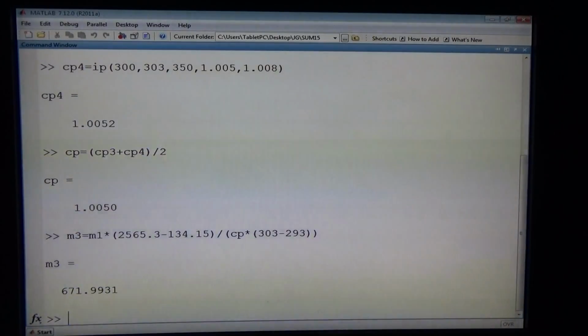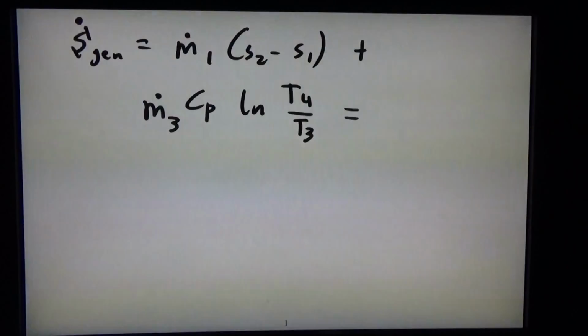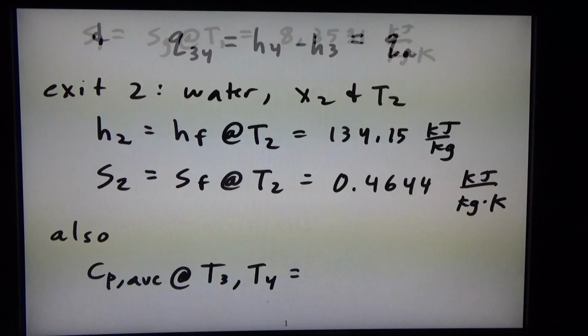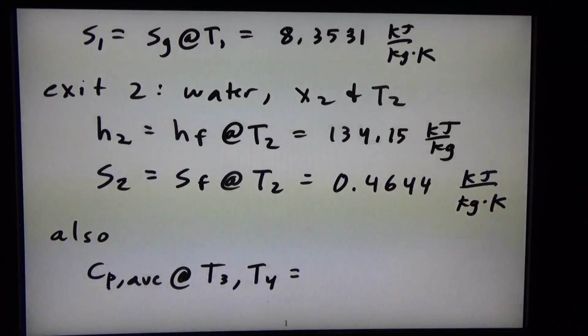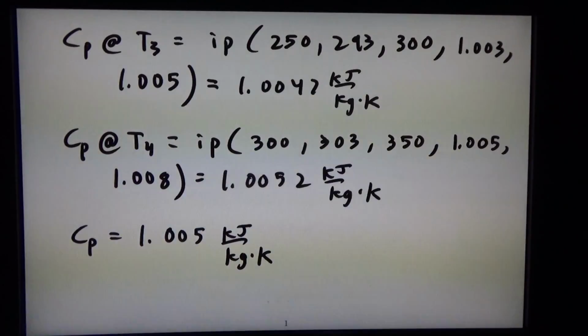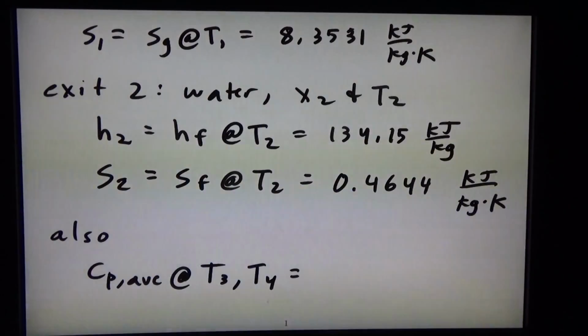So for S dot gen, we have mass flow rate 1 times S2 minus S1. I'm going to have to go look up those numbers again. S2 was 0.4644. S1 was 8.3531.